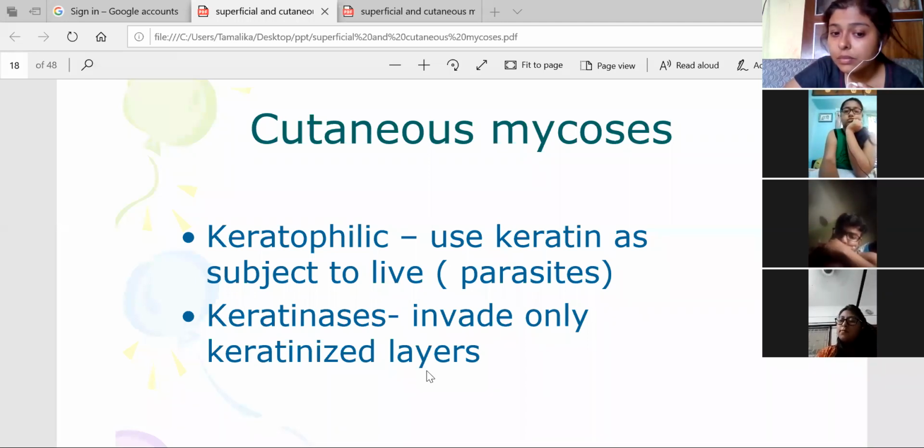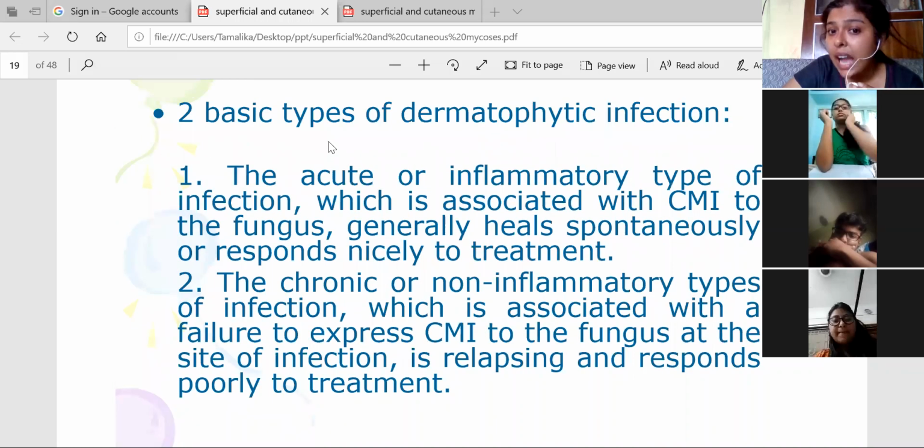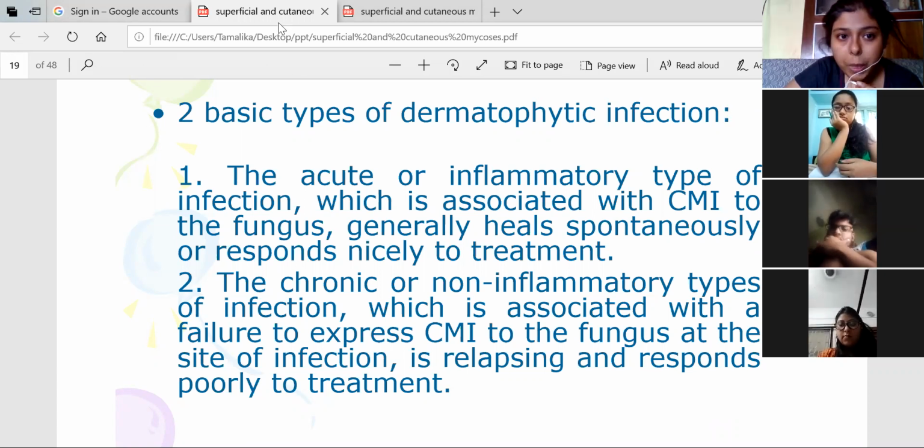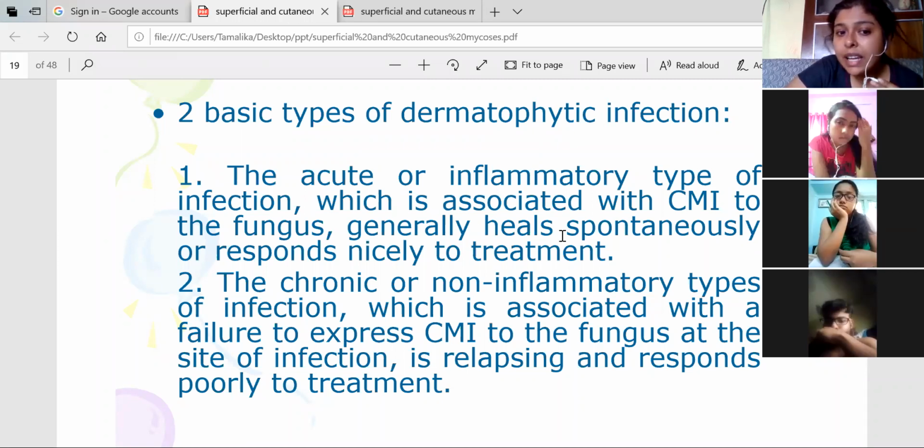The basic types of dermatophytic infections are, first, the acute or inflammatory type of infection, which is associated with various types of fungi and generally heals spontaneously and responds nicely to treatment.